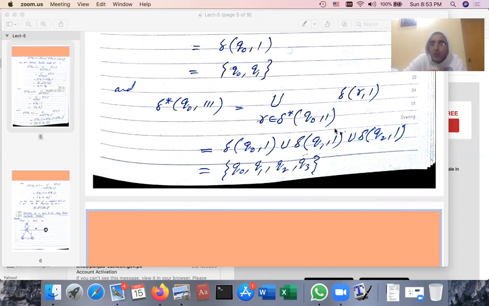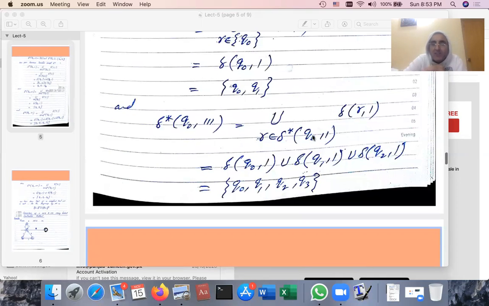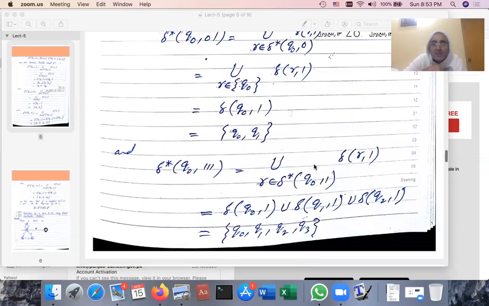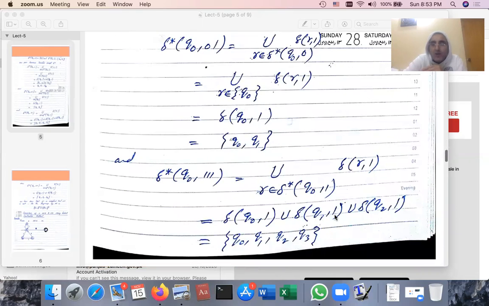So I can write those states now in open form. I can skip all these steps. I have these states Q0, Q1, Q2 here, and I can apply this one over these three states, Q0, Q1, and Q2. That's why delta Q0 comma 1 union delta Q1 and 1 and union Q2 with 1.